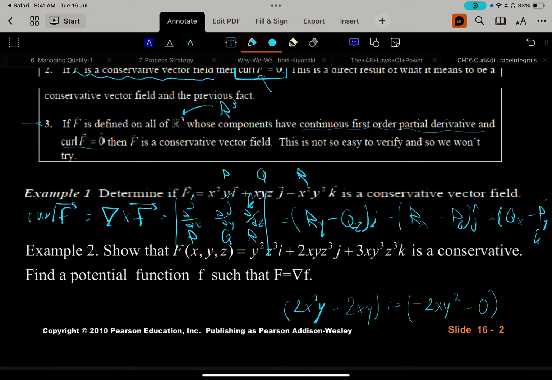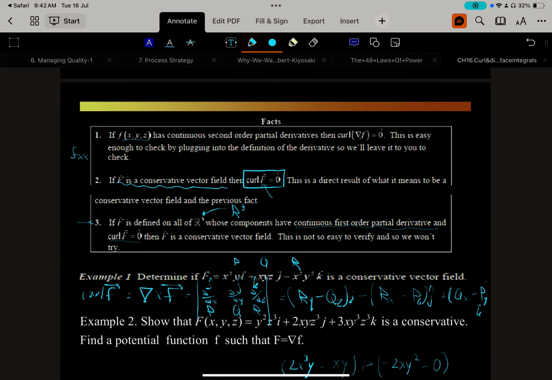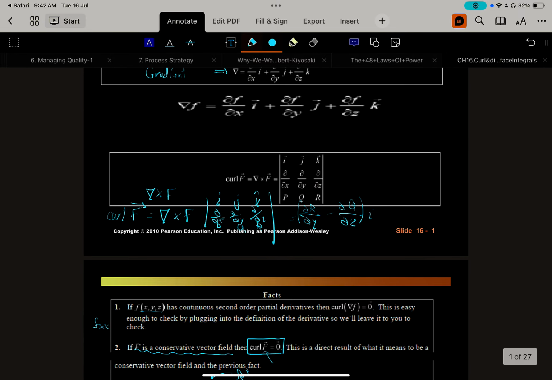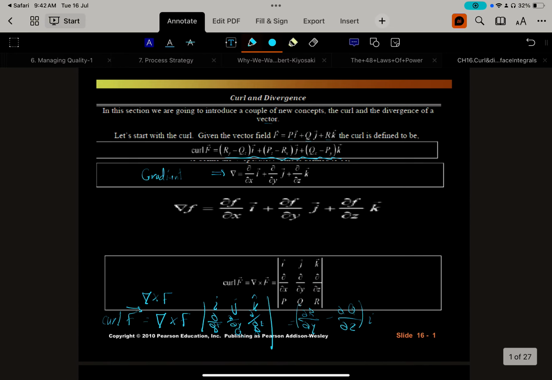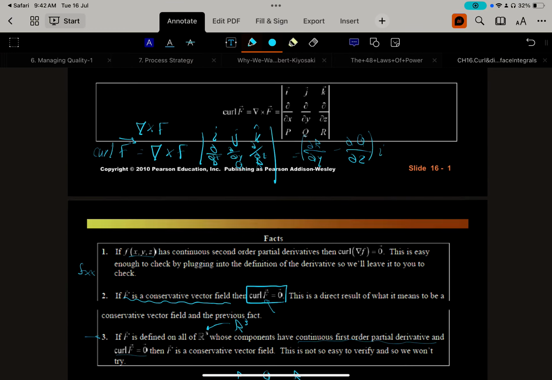Yeah, so R_y minus Q_z, as you can see, R_y is 2x squared y minus Q_z, which is just xy. Is it PQR? Yes, it's PQR.